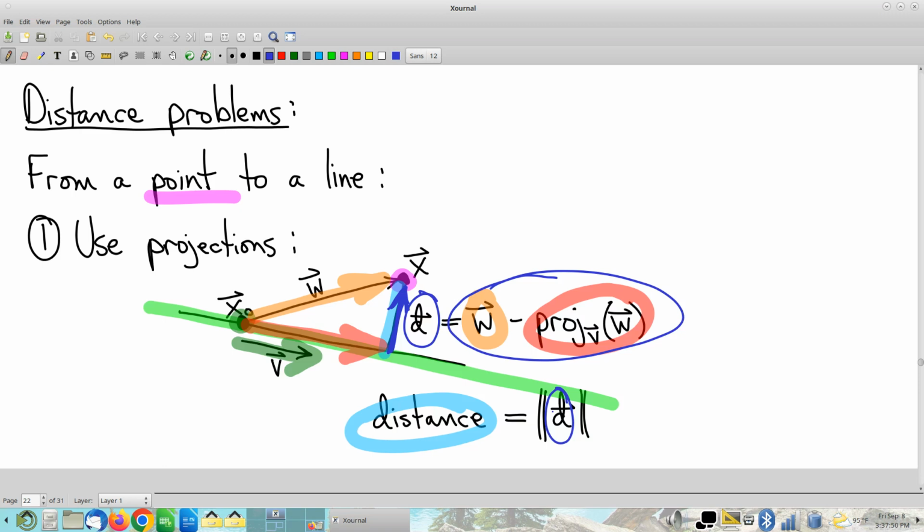So you subtract w minus the projection. That gives you the perpendicular part of that orange vector, and the distance is its magnitude. Is everybody good with that?